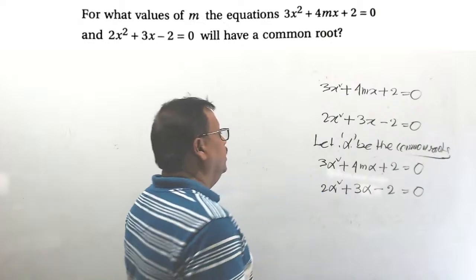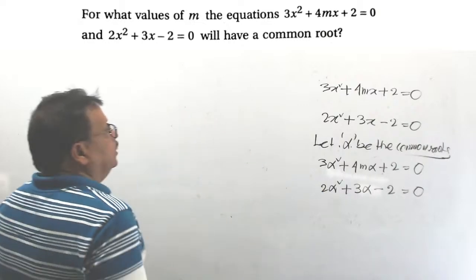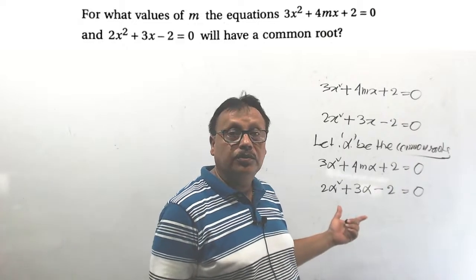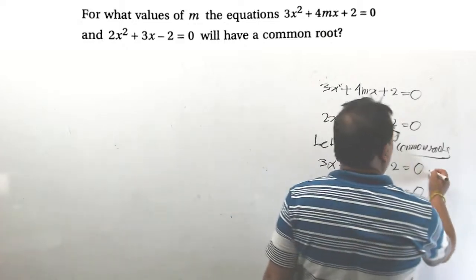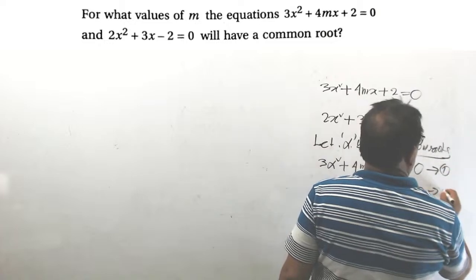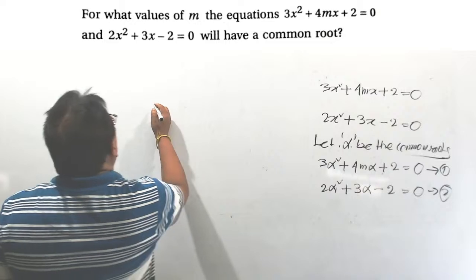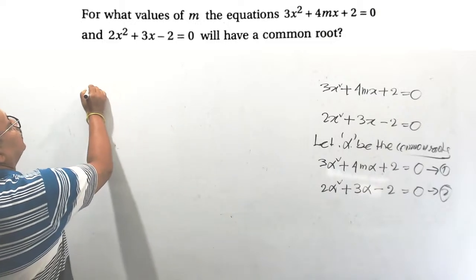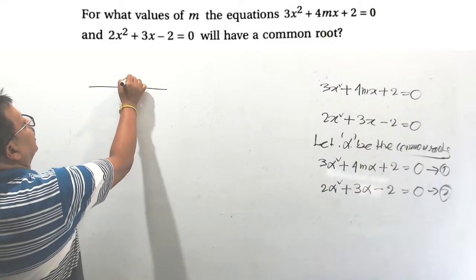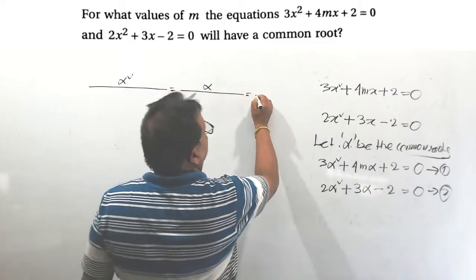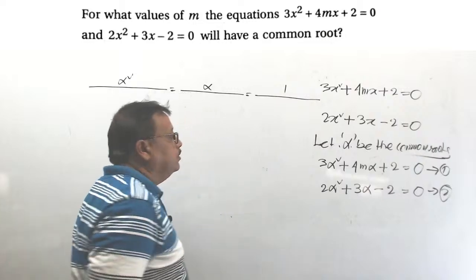Okay. Right now, that is, you have to solve these two. Give it number 1 and give it number 2. Write the method of cross multiplication, that is alpha square, alpha and 1. Understood?